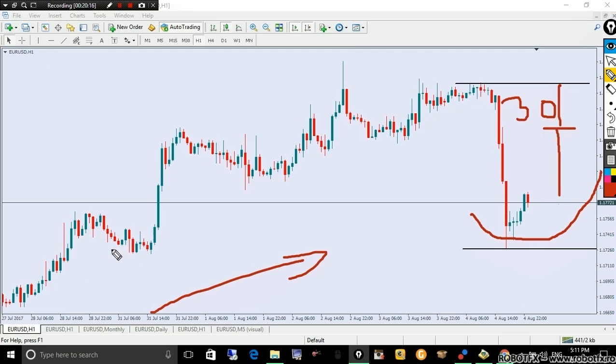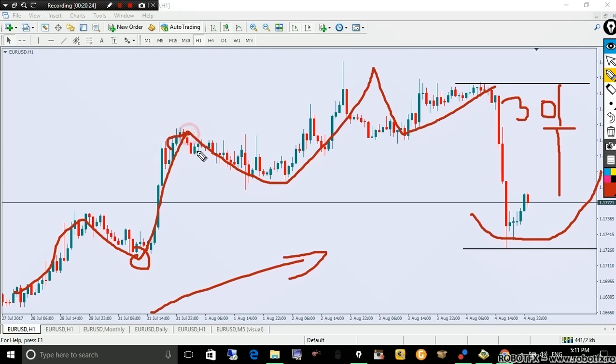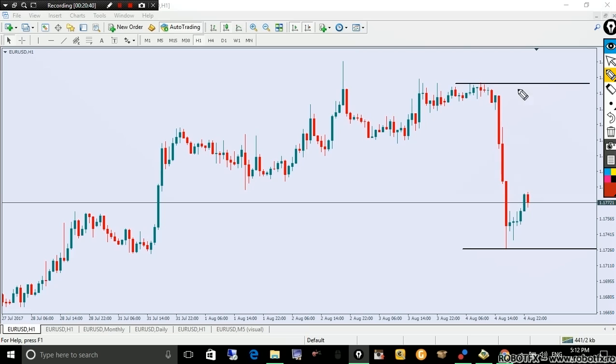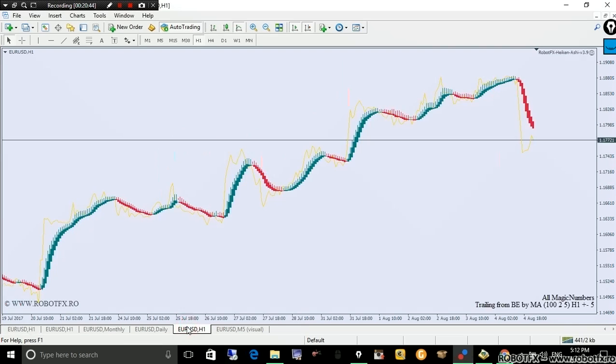This is what we want to happen, because we want to trade, again, with the trend. We want to buy here, and we don't want to buy here. It's not a buy signal. We want to buy here, but not here. We want to buy here, and here actually we want to exit. Don't enter another buy, and so on. The price goes down and up again. And this was the idea that I mistakenly explained the first time.